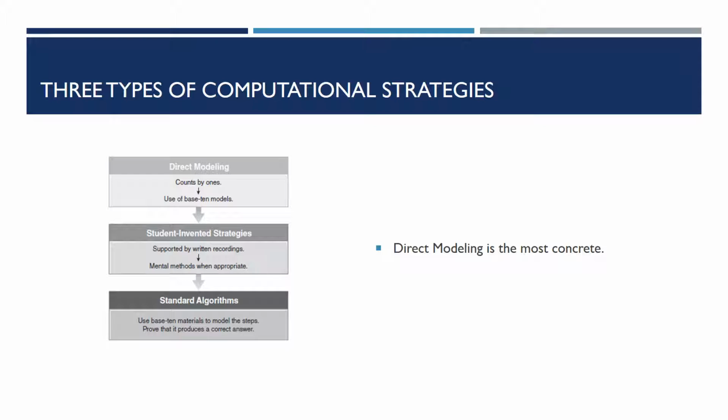Another type of strategy is the student-invented strategy. Now, student-invented strategies have become more and more popular recently with Common Core because we want students to solve problems the way their own brain works. There are different types of student-invented strategies, and you may not understand some of them because the students invent them themselves.